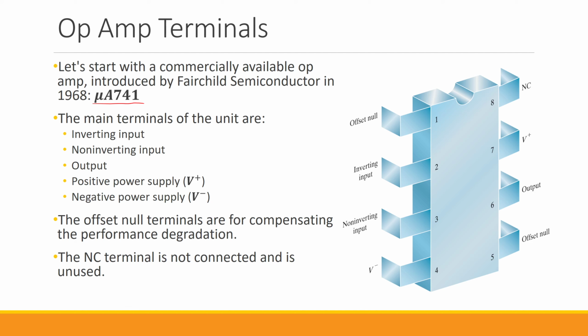As I went through, we have 8 terminals for this op-amp. The most important terminals are the inverting input, the non-inverting input, the output, the positive power supply, and the negative power supply. These are the 5 terminals that we will be using for this course. The offset null terminals are used for compensating the performance degradation, which happens over time with these operational amplifiers and any other circuit component.